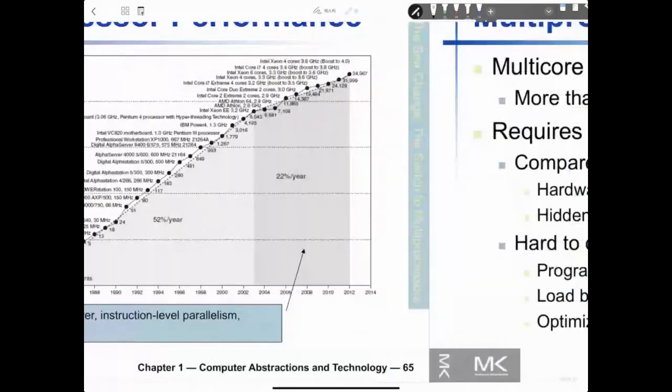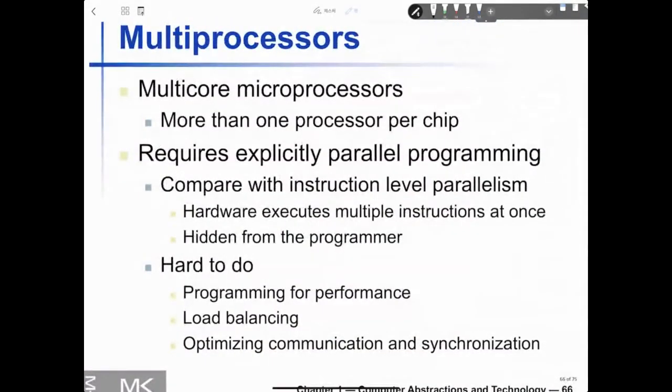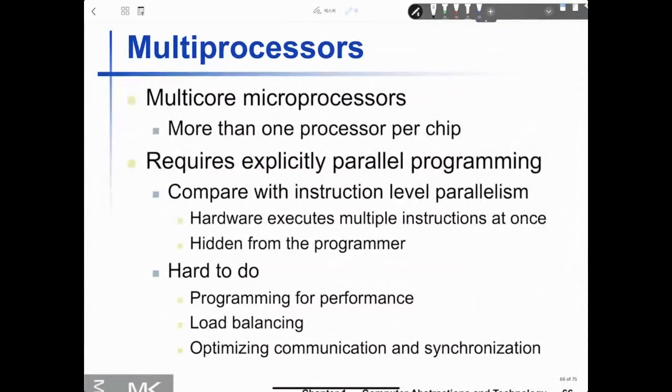Okay, so for the multiprocessor part, instead of increasing the performance, I mean the clock frequency, these days what we are doing is adding more cores instead of just a single processor. That's much better, because increasing the voltage means the power consumption is 4 times.